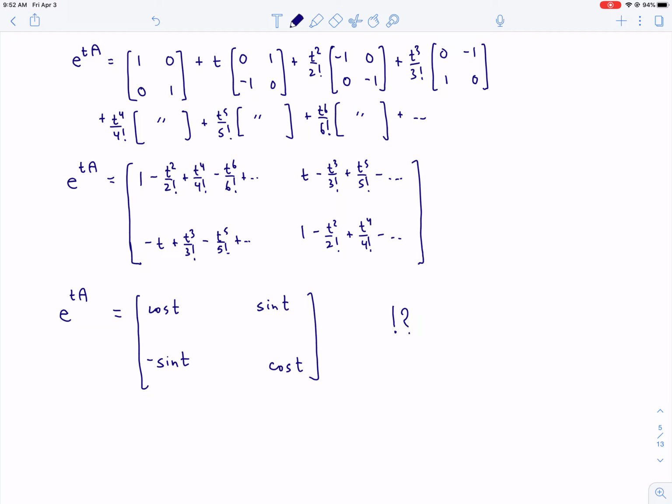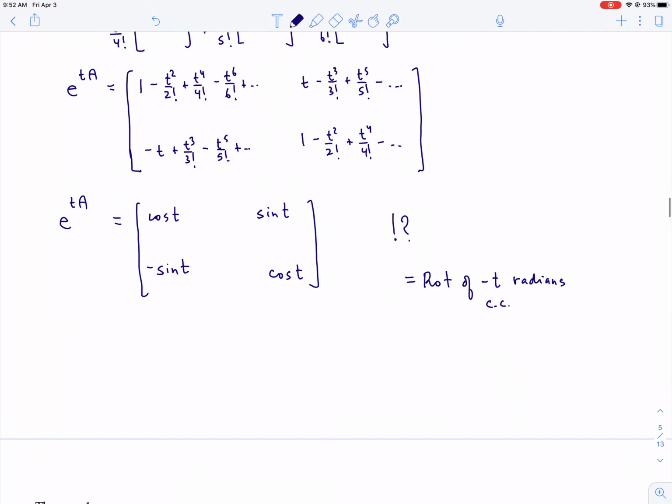That is the matrix that rotates negative t radians in the counterclockwise direction. In other words, t radians clockwise.